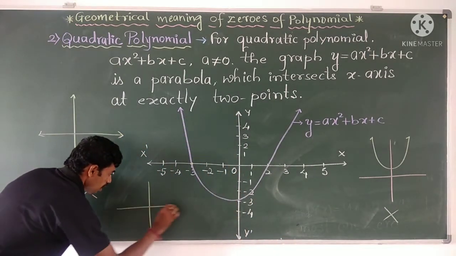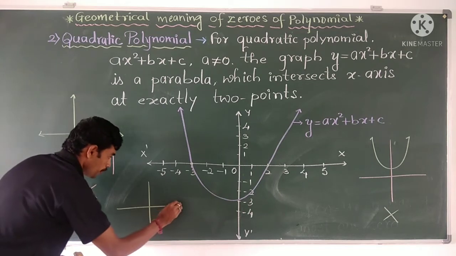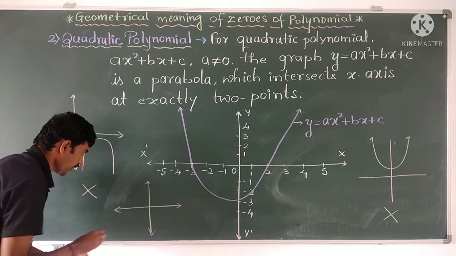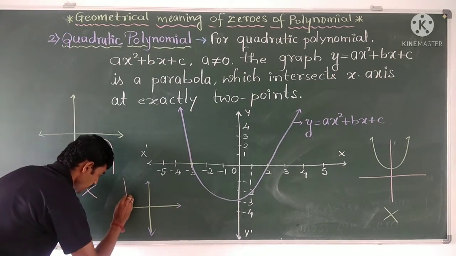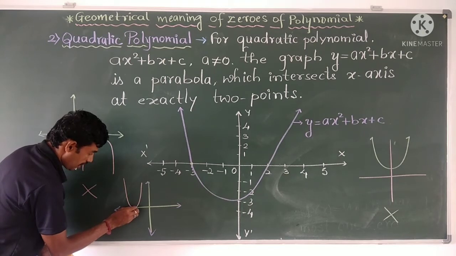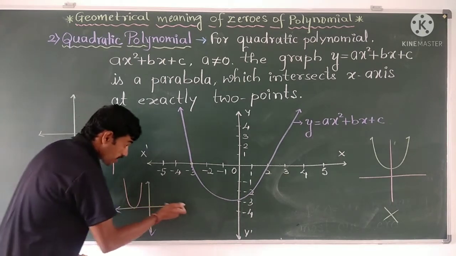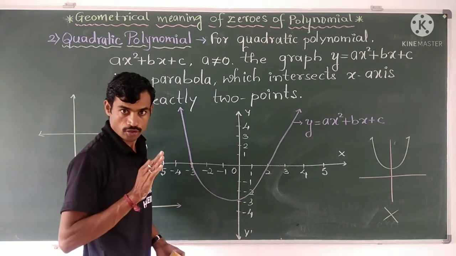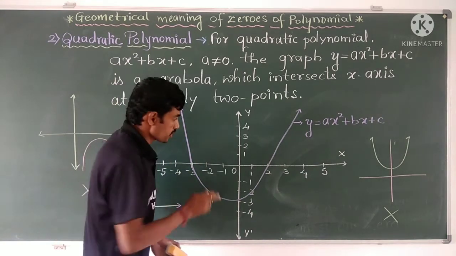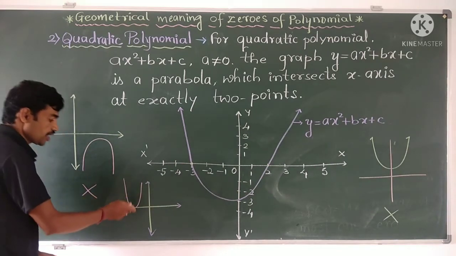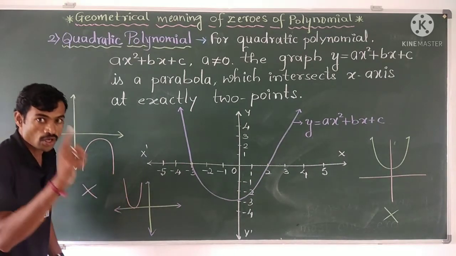One more diagram we can draw. This is the graph of a quadratic polynomial that intersects the x-axis at only one point. You are not supposed to consider the y-axis, only the x-axis. How many times does the graph intersect the x-axis? One time.